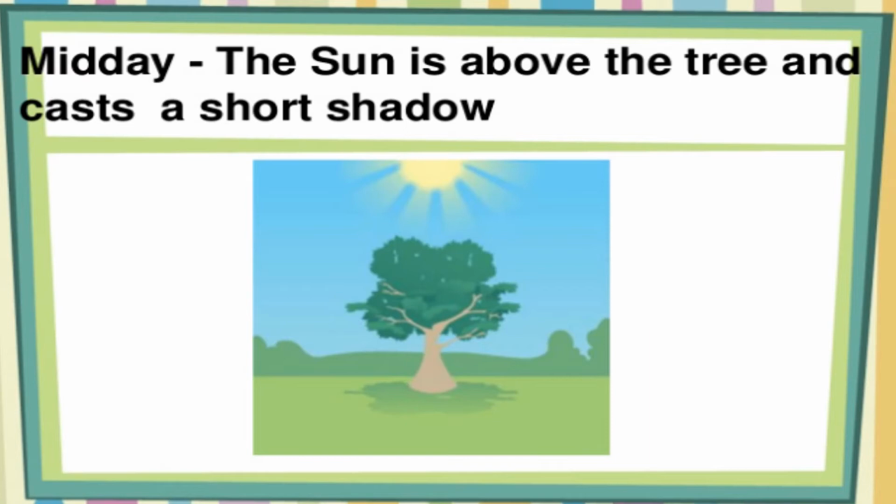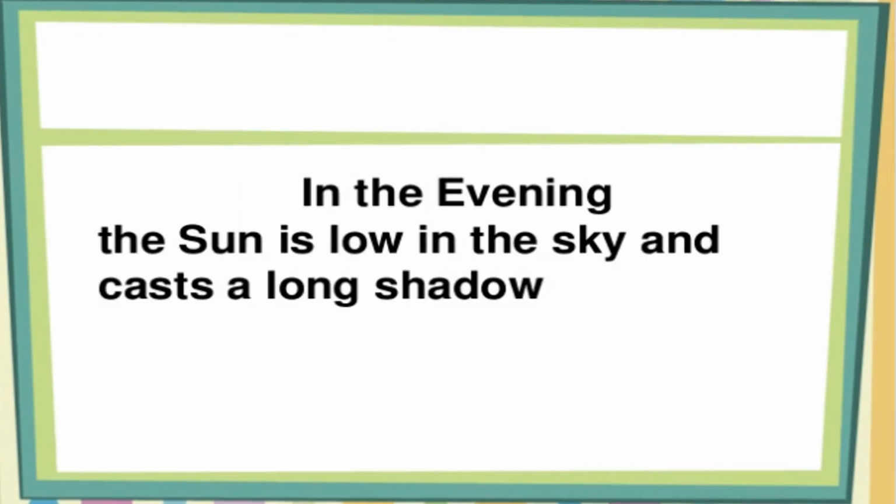If the sun is low, it makes a long shadow. If it is high up in the sky, it will make a short shadow. In the evening, the sun is low in the sky, so it makes a long shadow.